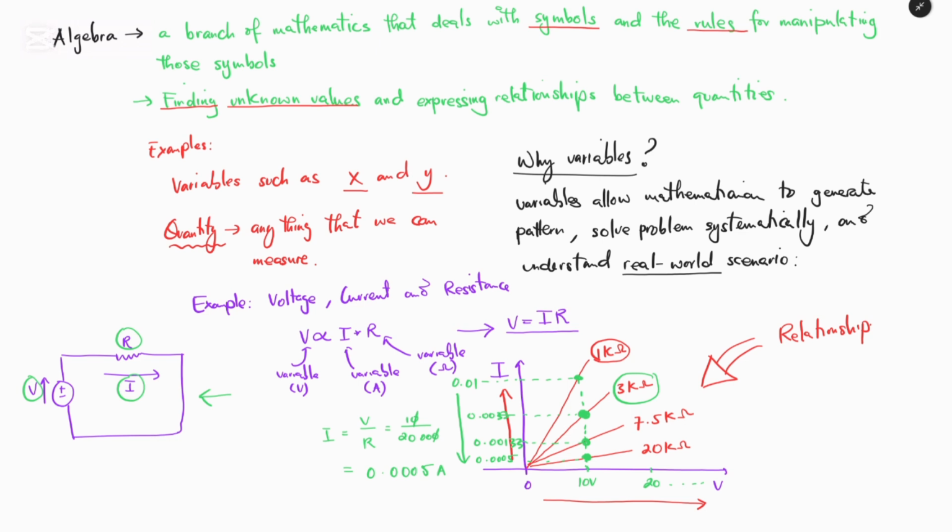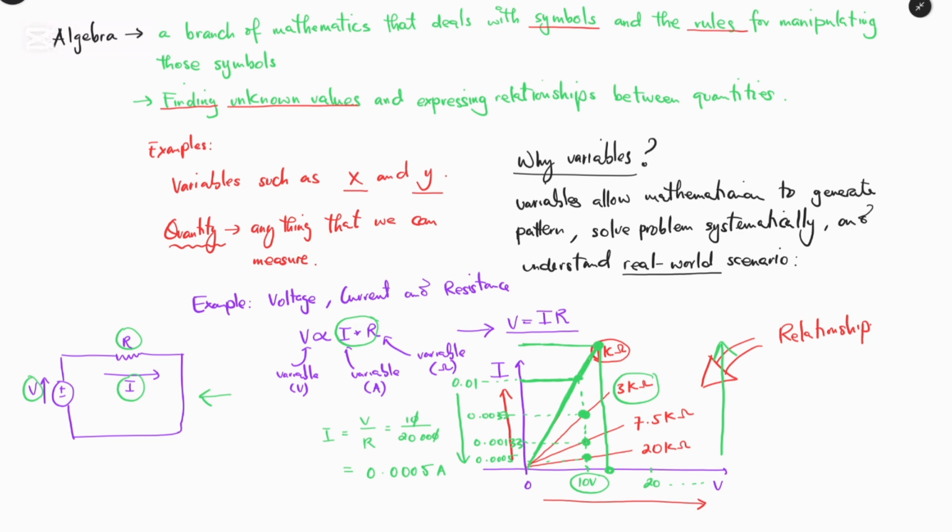And when we decrease the resistance in this direction, you will see that the slope of the graph will increase. And when we increase the current in this region and increase the resistance with the slope, we can see that the voltage will be increasing.